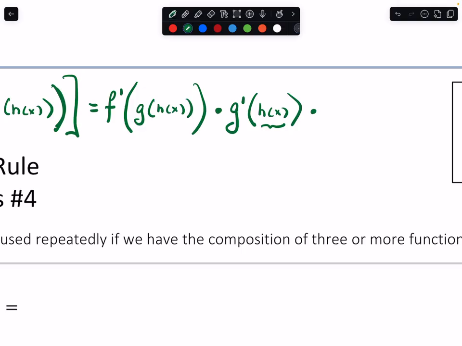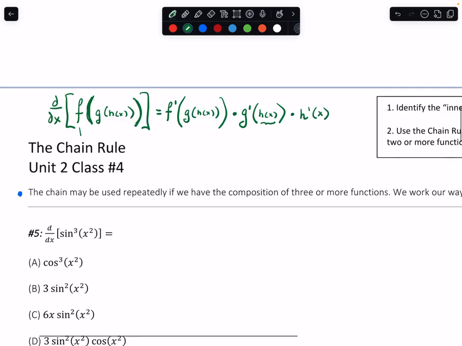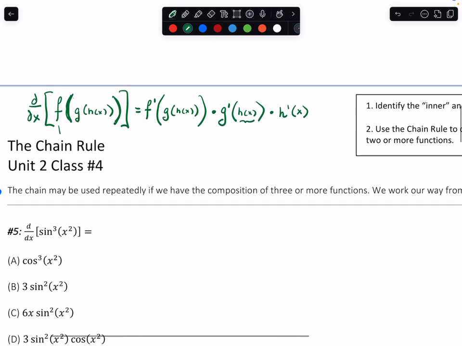The derivative of h would be h prime. So you could have 4 functions, 5 functions. The reason people call this the chain rule is that these terms that come out from taking the derivative are linked or chained together by multiplication. That is where the rule gets its name.